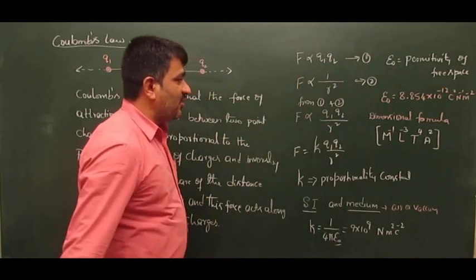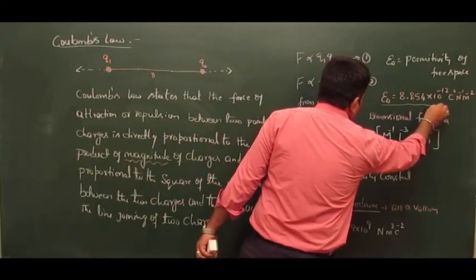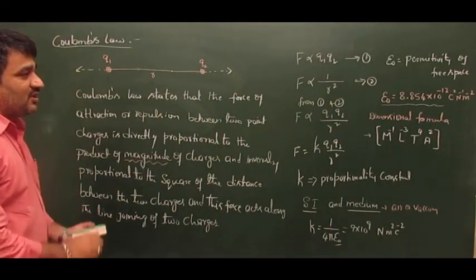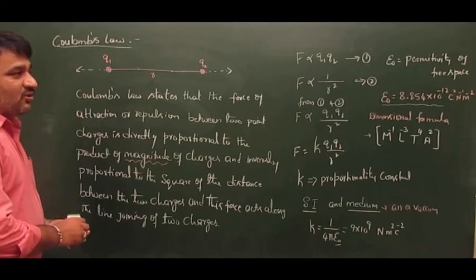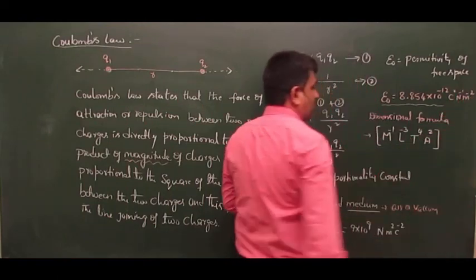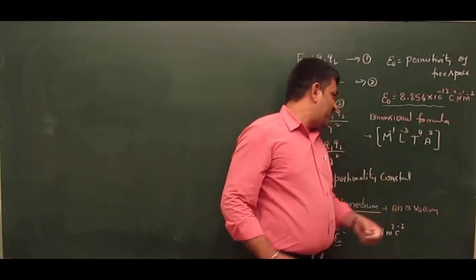This is the dimensional formula for the epsilon naught, that is the permittivity of the free space. The value of this permittivity of the free space is 8.854 into 10 raised to minus 12 coulomb square per Newton per meter square. Dimensional formula for epsilon naught.